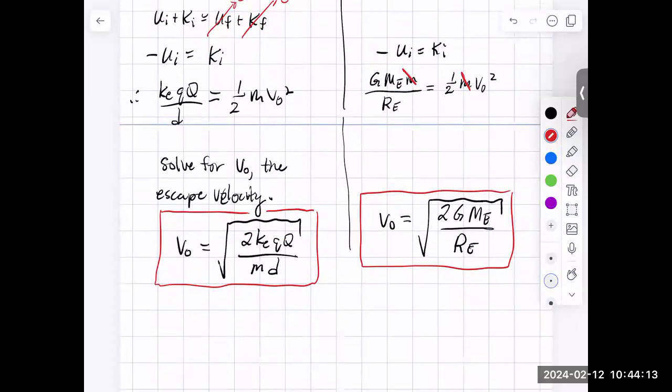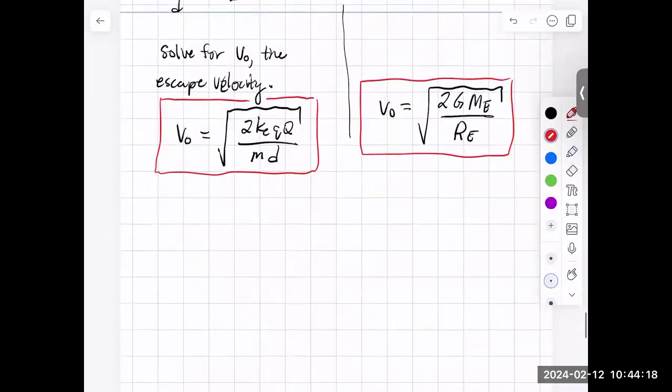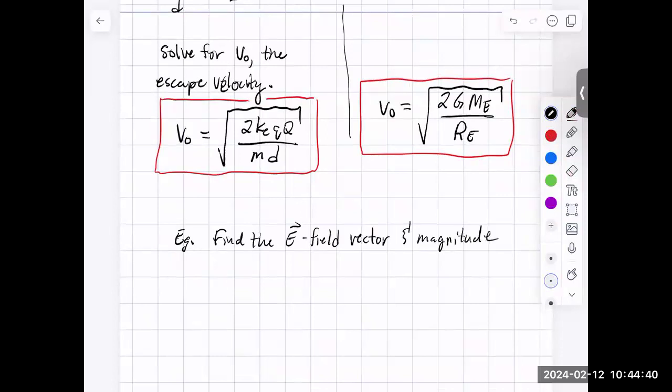Let's do one more problem. We're going to try to find the electric field vector and magnitude if the electric potential is equal to 2x squared y plus y cubed times pi.